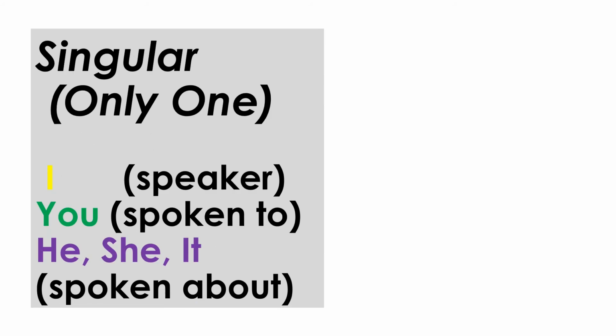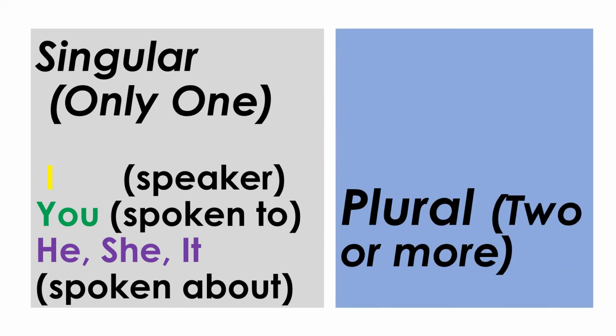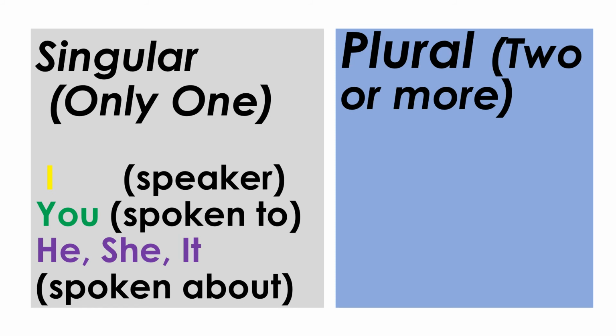Take note also that singular means only one. These are the singular pronouns: I, the speaker; you, spoken to; he, she, it, spoken about. These are singular pronouns, while plural pronouns, meaning two or more, talk about two or more people, animals, or things.